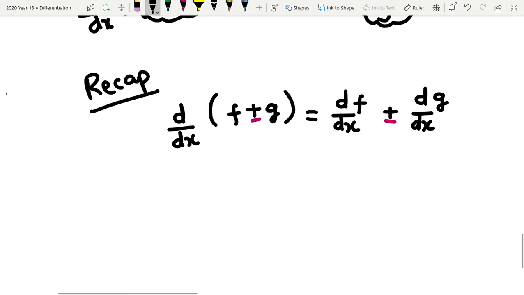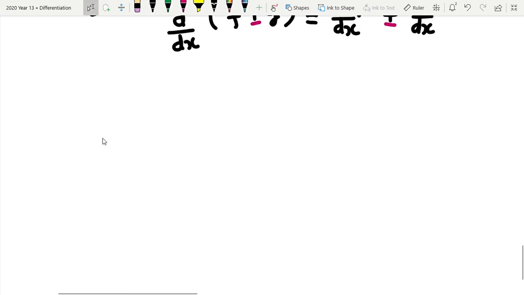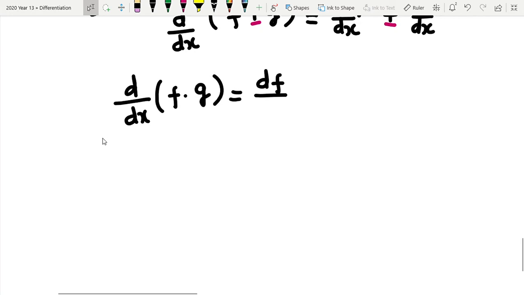Easy peasy. So you'll be asking yourself, what if you use the quotient rule or the product rule? Here we go. So this is for the product rule. d over dx of f times g is going to be df over dx, which basically means you differentiate f, and then you times g, and then you plus f times dg over dx.